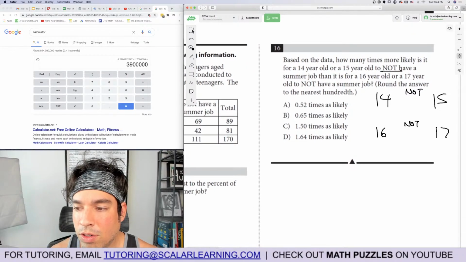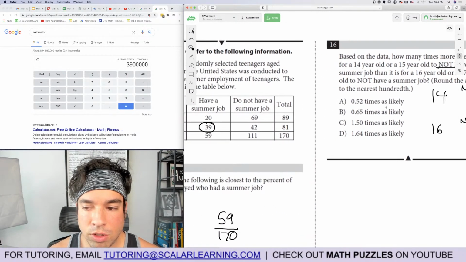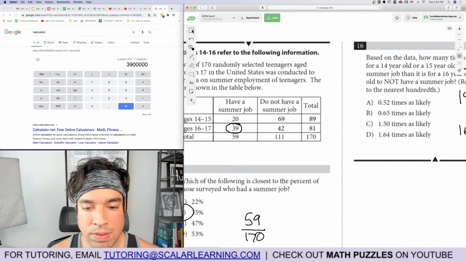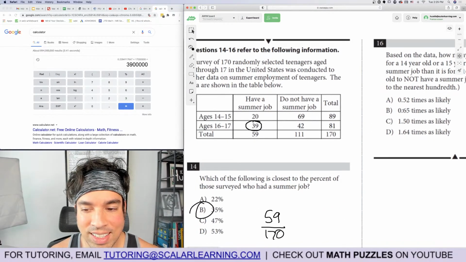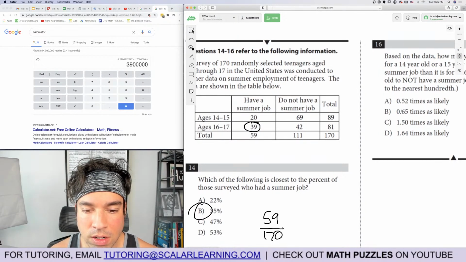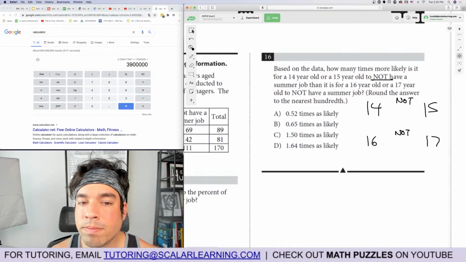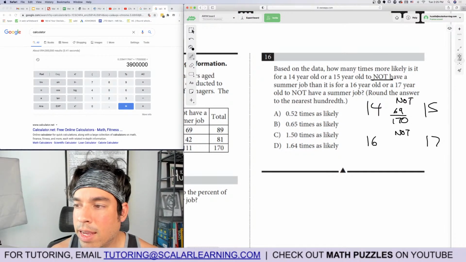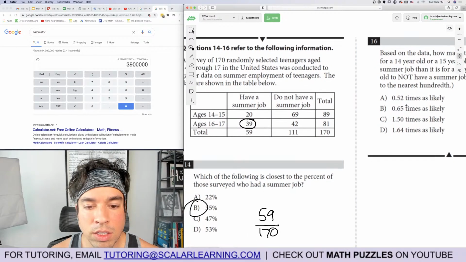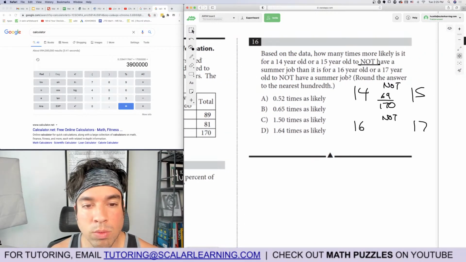So what I'm going to do, calculate the percentages of these, first of all. So 14 and 15 to not have a summer job is 69 out of 170. Probably don't even need the percentages, but that's fine. So 69 out of 170. For 16 and 17, it's 42 out of 170, right?